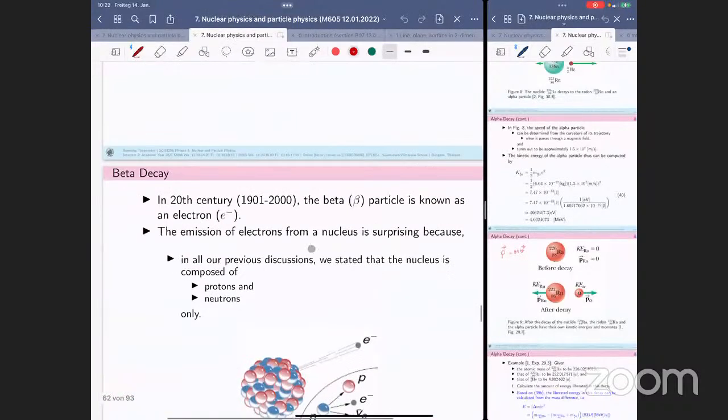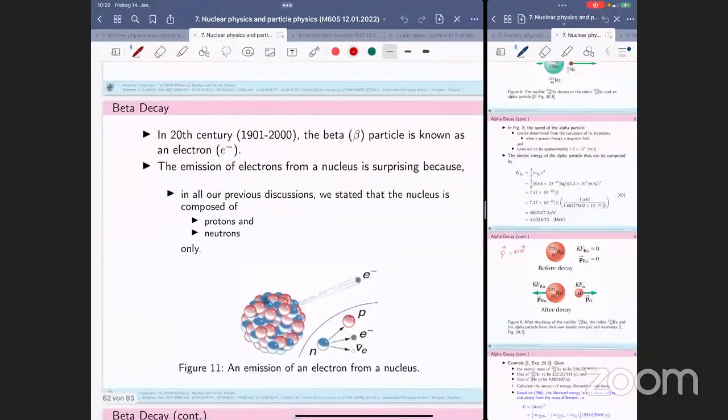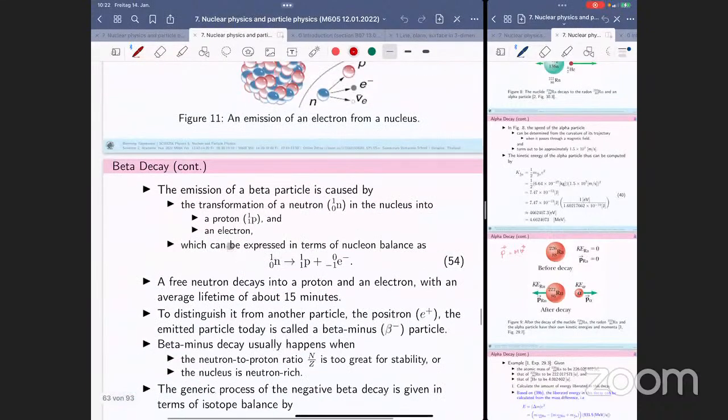So it's a state of changing a neutron to a proton. The emission of a beta particle is caused by the transformation of the neutron. The neutron is denoted by n, with 0 at the lower left and 1 at the upper left, meaning there is no proton but there is one nucleon inside the nucleus. This is the nuclear notation. It transforms into a proton.